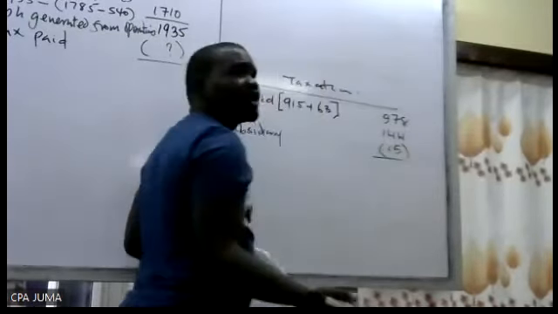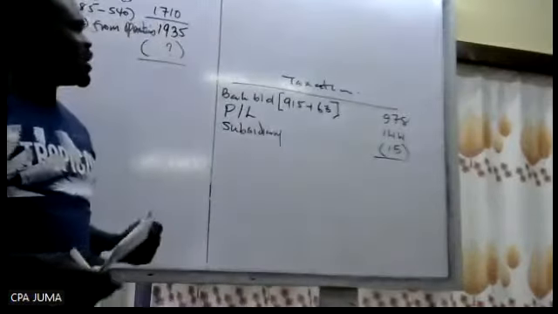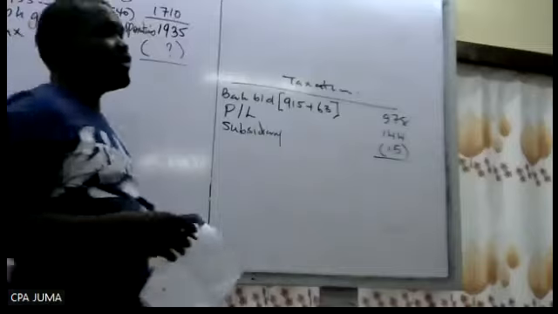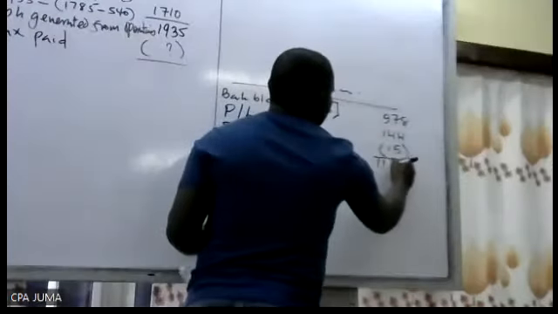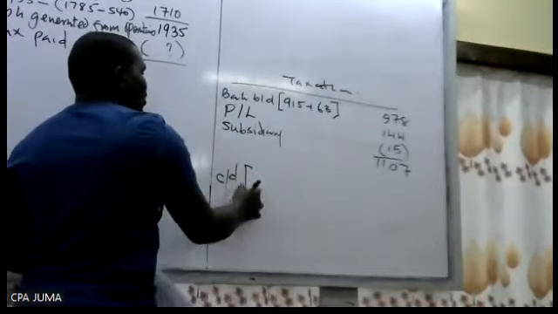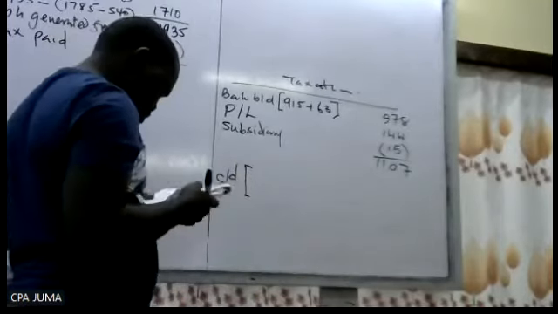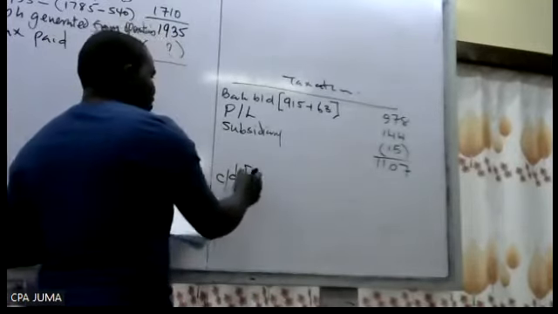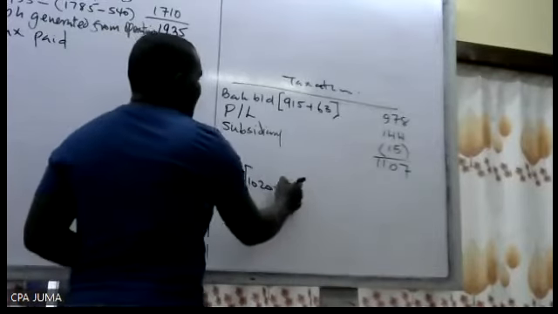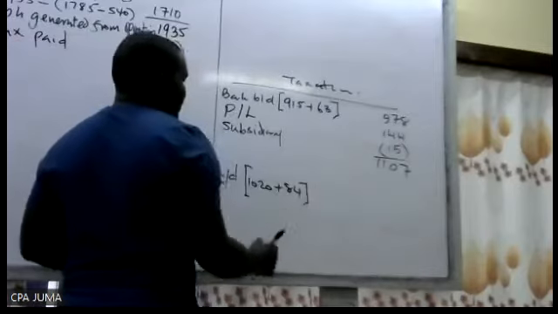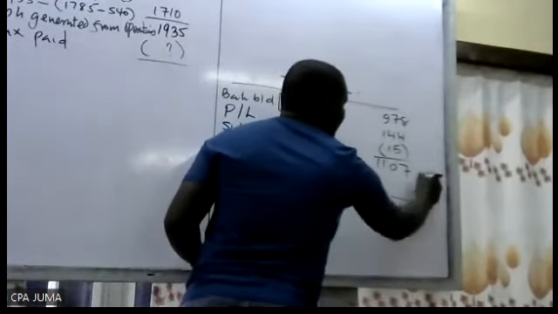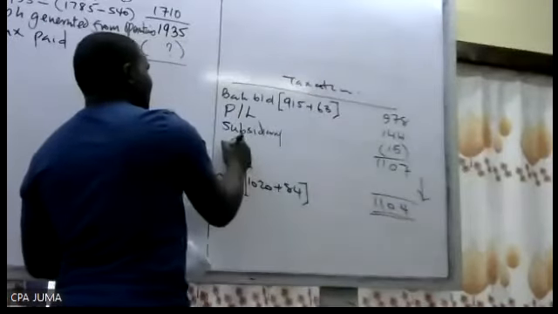When you adjust this, you get 1107. Skip a line there. The examiner is saying obligation at the end is 1020 plus 84, giving you 1104. Decrease in obligation is payment.